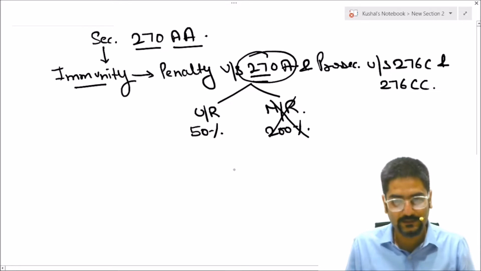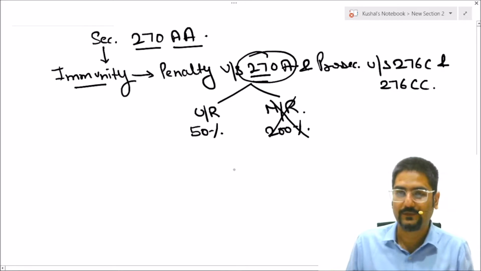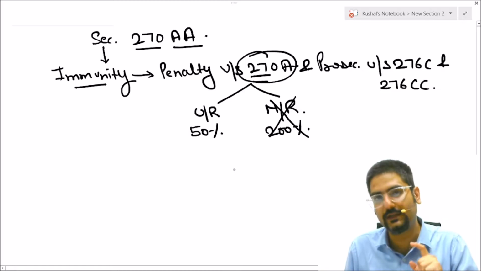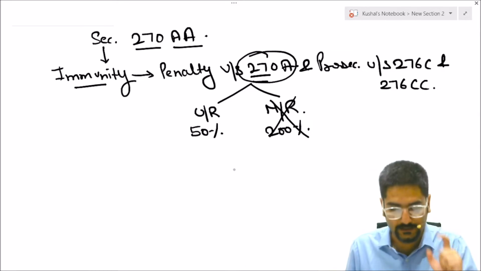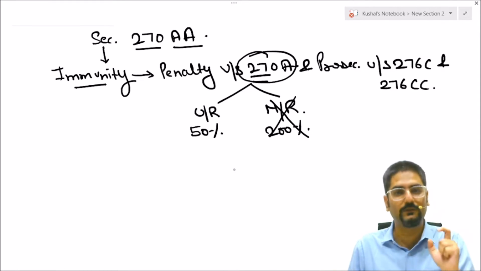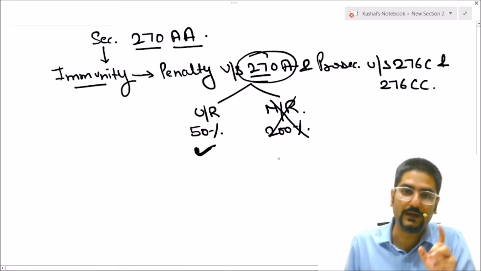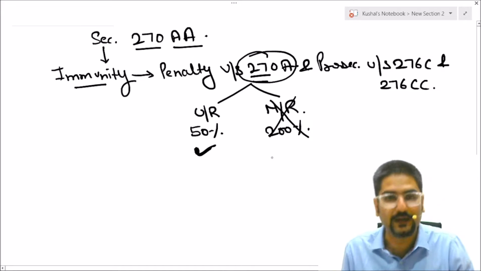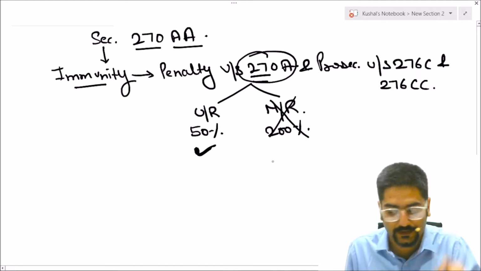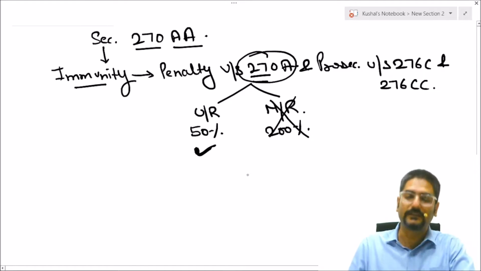You are not eligible to obtain immunity if a penalty for misreporting has been imposed. You are only eligible to obtain immunity from the under-reporting penalty, that is 50%. It is clearly written in the section.